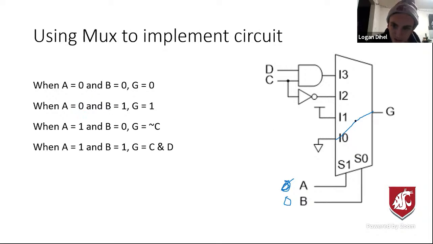A is 0, B is 1, G is 1. We just connect it to VDD. And then A is 1, B is 0, we can connect it to not C. And then when A is 1 and B is 1, we can connect G to C and D. So that's just an example of how you'd use a MUX to implement some combinational logic without doing any K-maps. So this would not be a minimized circuit. This would just be a simple circuit that would work.